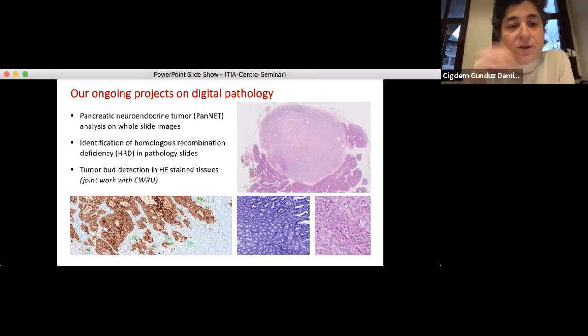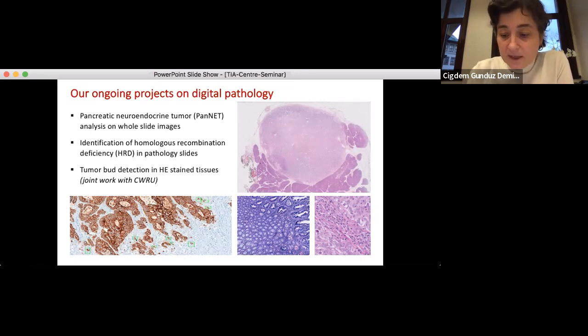That is a joint work with Case Western Reserve University. In all these projects, we need effective and accurate segmentation models, and these models should achieve segmentation at different levels: at the tissue level, at the patch level, at the slide level, and at the nucleus level.